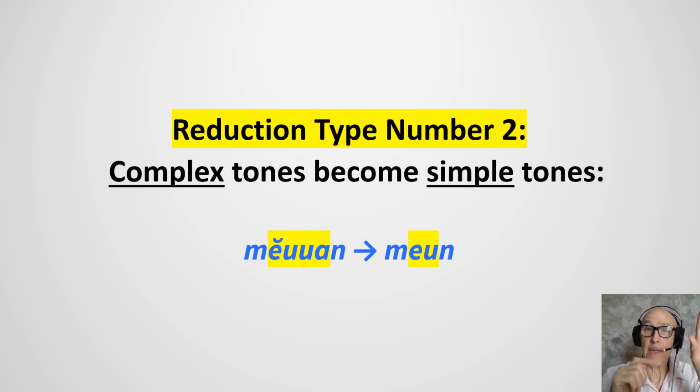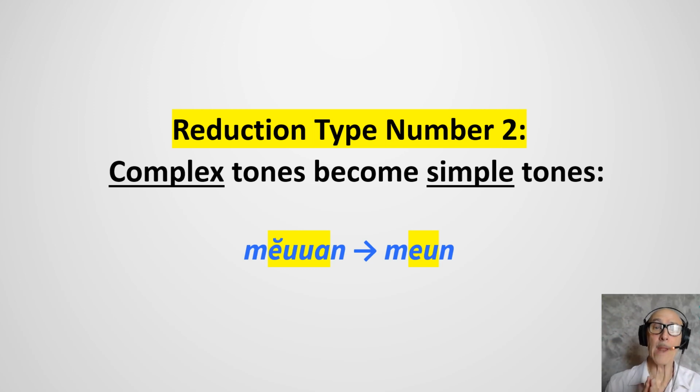I call them complex because they start in one direction and then they change direction. So the rising tone starts down and then goes up, the falling tone starts up and then comes down. Simple tones just go basically one direction. So your high tone might go up a little bit, but just one direction. Middle tone, one direction. Low tone, down, one direction.